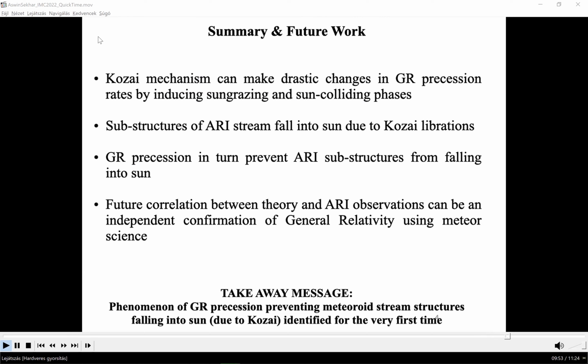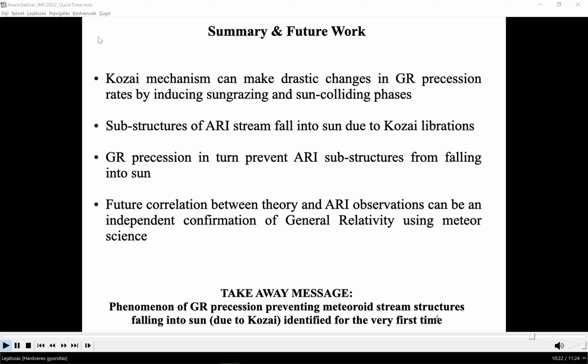And we find that the substructures of the Arietid stream fall into the sun due to Kozai librations. And when you switch on the GR precession, it in turn prevents these Arietid substructures from falling into the sun, which is a very interesting effect when you have both these long-term effects combining. It shows there's a beautiful play of these dynamical effects happening together.